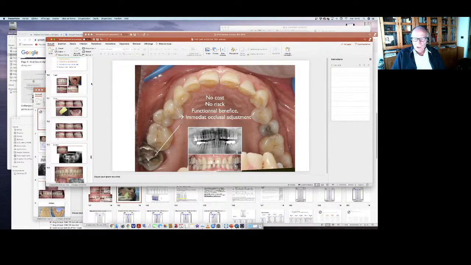And in this case, when you are in class 2-2, you can, in a somewhat automatic way, open the guidance and create an anteposition by prosthetic reconstruction posteriorly.